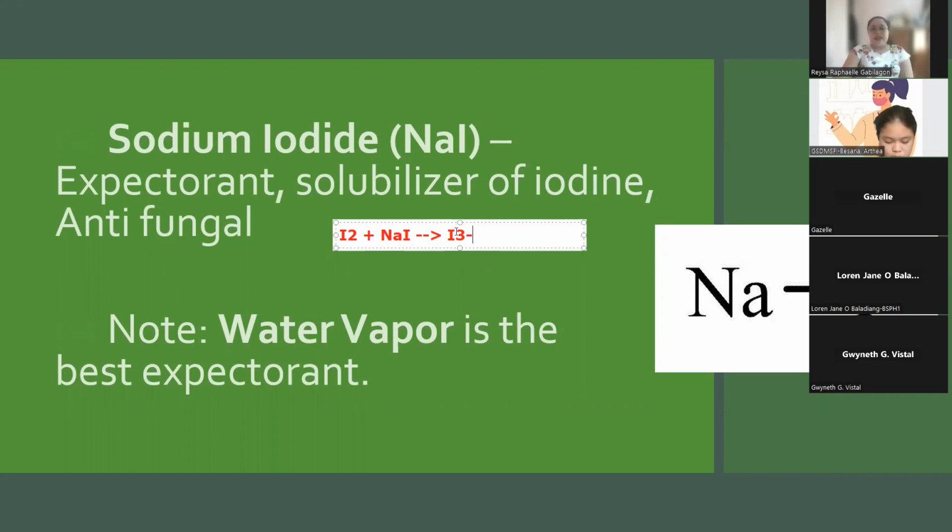And then the 3 here is a subscript. Okay? So this triiodide ion is the one that easily dissolves in water. So instead of the I2, the diatomic molecule of iodine, let's have the triiodide.